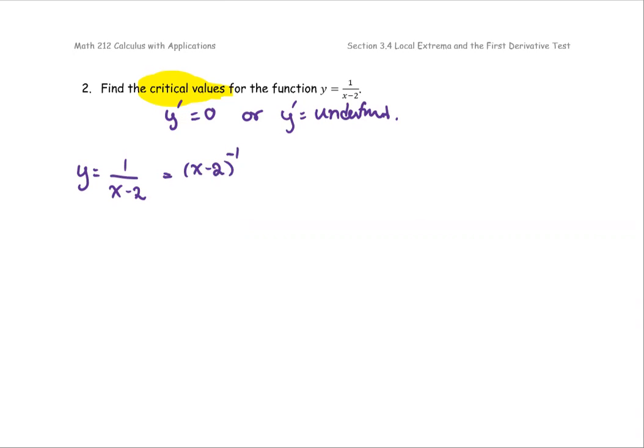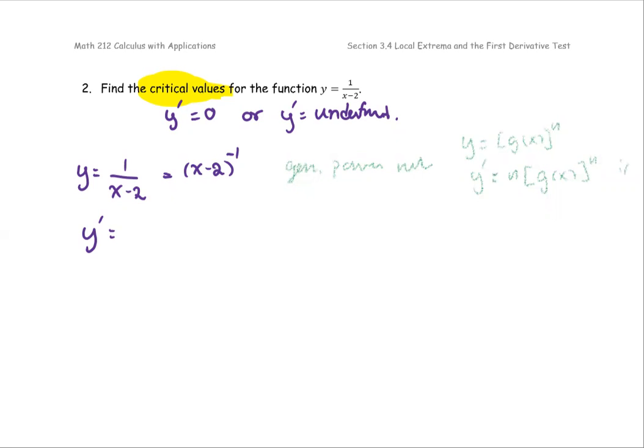When I write it this way, I'm going to use the general power rule to find y prime. If you recall the general power rule, from y equals the quantity g of x to the power n, the y prime is n times g of x to the power n minus 1, multiplied by g prime of x.